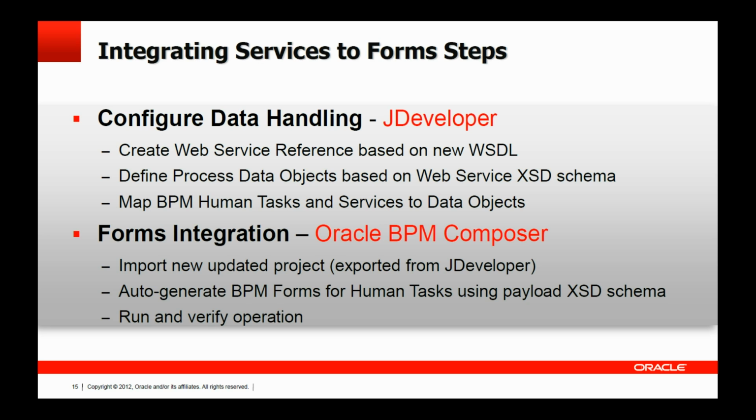You've got a human task, and you have to link that to the data object. And then once you've done that, then you can go back into the Oracle BPM Composer, import that newly updated project that you've just exported from JDeveloper, auto-generate the BPM forms for the human tasks using that payload XSD schema definition, and then of course run and verify that the operation is working how you want it.